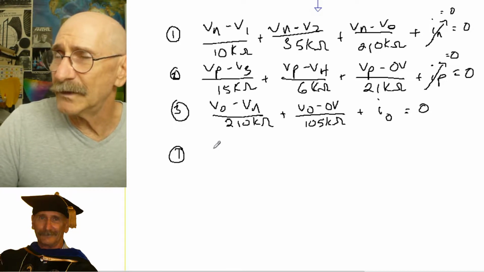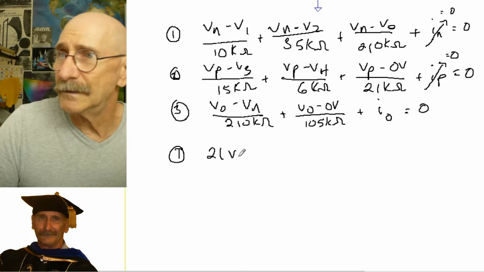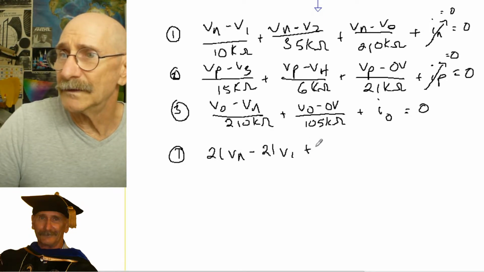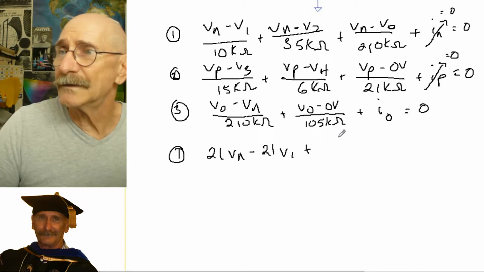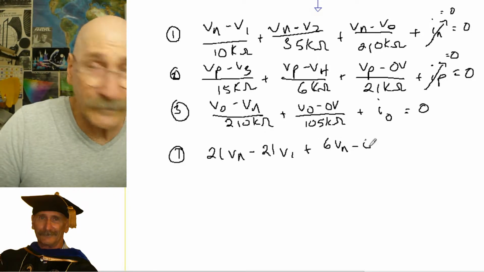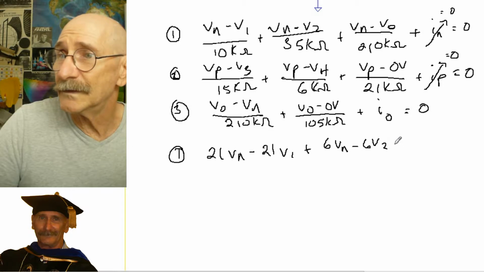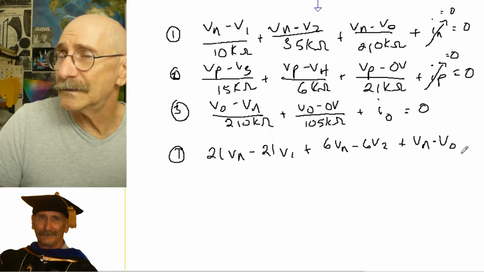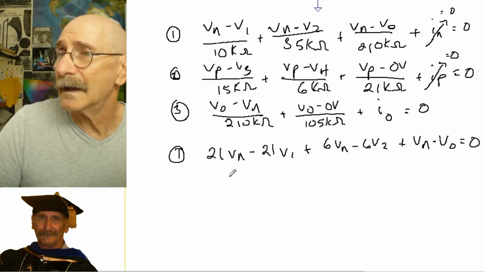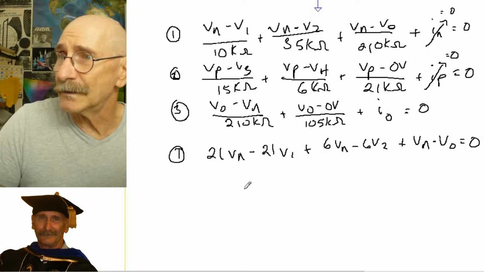The first equation: 210K over 10K is just going to be 21 V sub n minus 21 V1, plus 210 over 35K comes out to 6 V sub n minus 6 V2, plus 210 over 210 is just 1 V sub n minus V out, and all that adds up to 0.